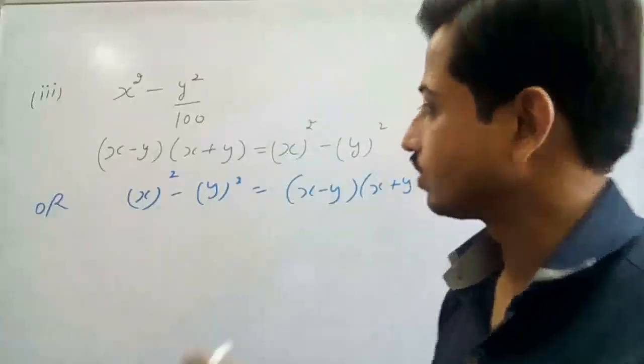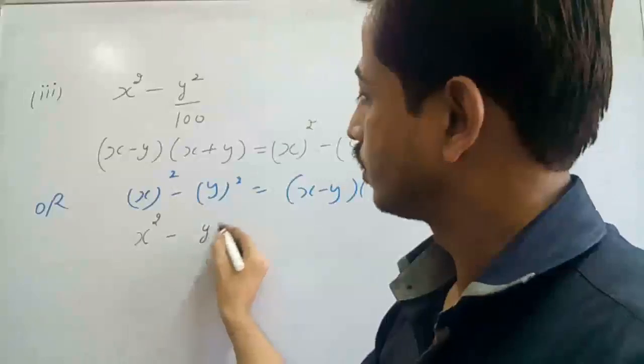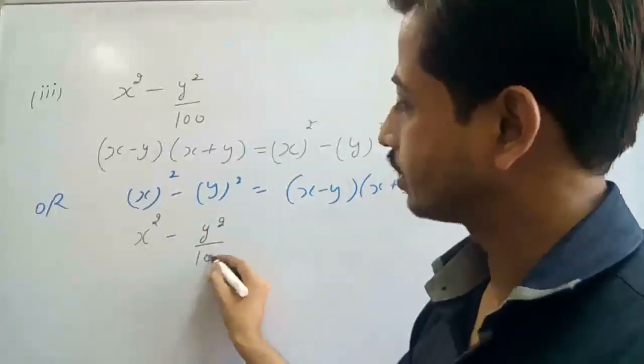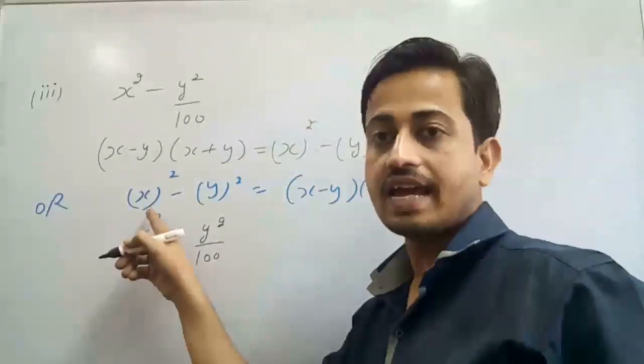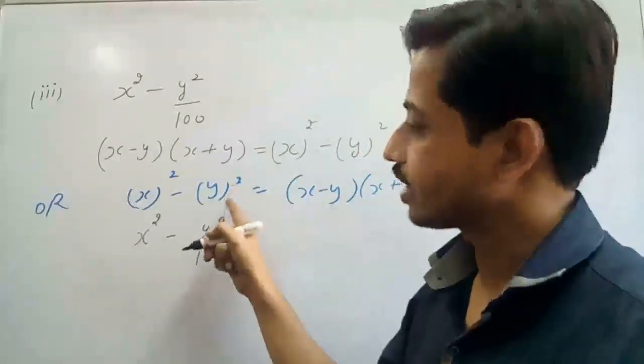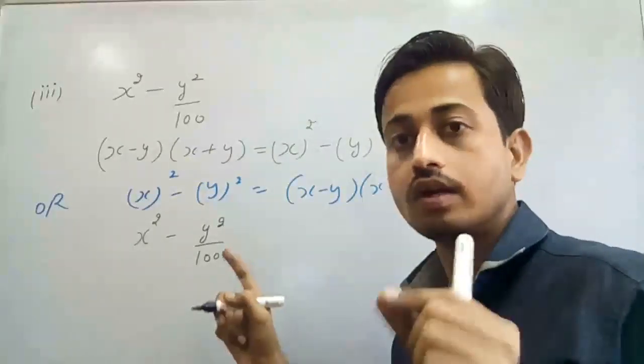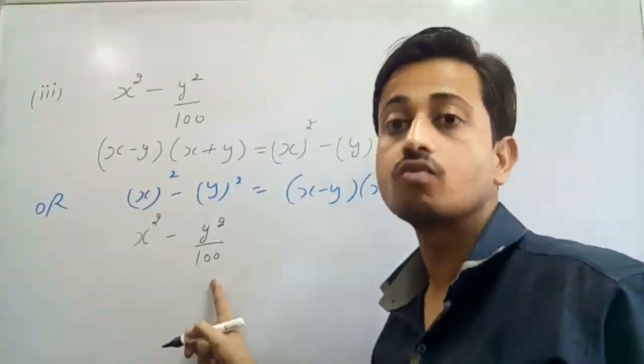Now do the comparison. What is our question? X square minus y square divided by 100. Please make a note. In this, x whole square and y whole square are squares of the complete term, but here it is only the square of y and not the square of 100.